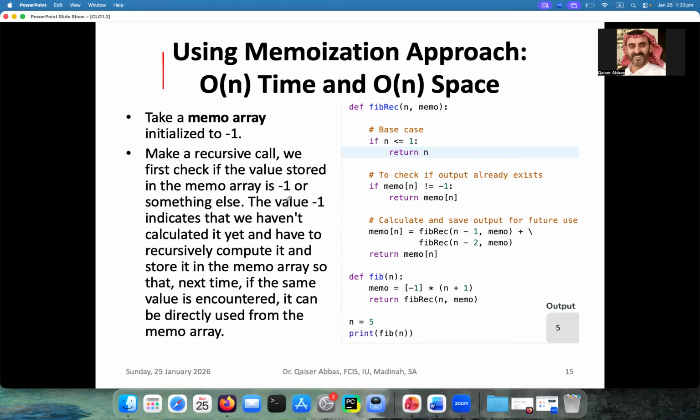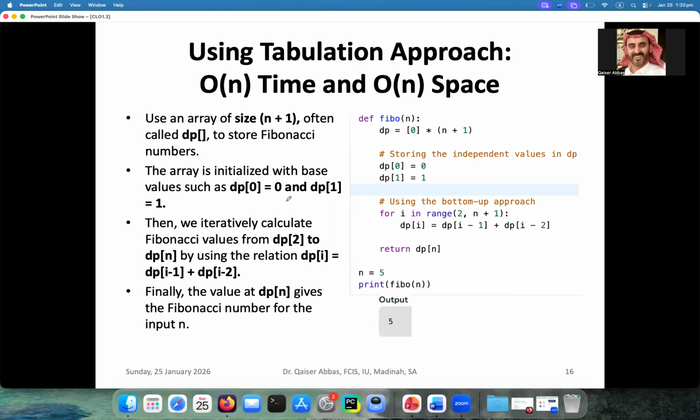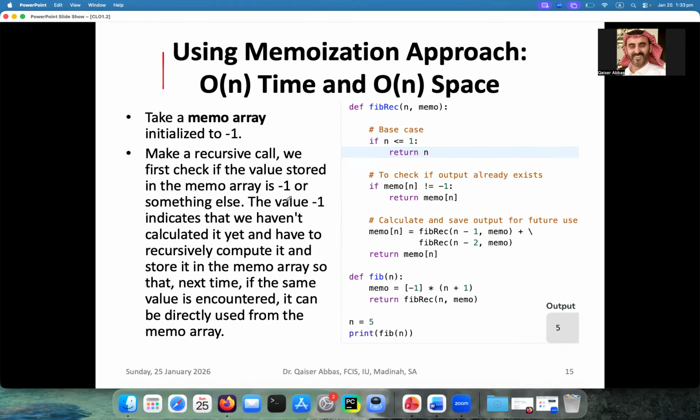Take this only, and then I will stop maybe, and we will start from here. Let's see. Now this is dynamic programming using the memoization approach. Memoization approach means here in this program, we will use an array that is called memo.